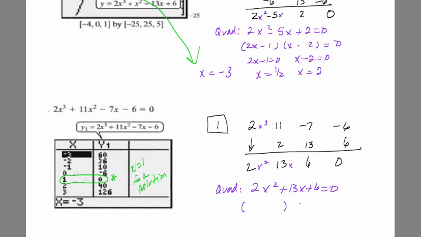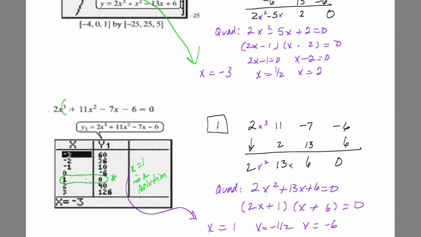I believe this one is also set up to factor. 2x and x, a 6 and a 1, and if I make them both positive, that'll get me 13. So I get a negative 1/2, a negative 6, and then the 1 I got from the calculator here, x equal 1.